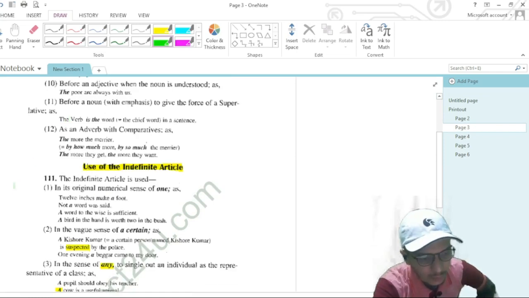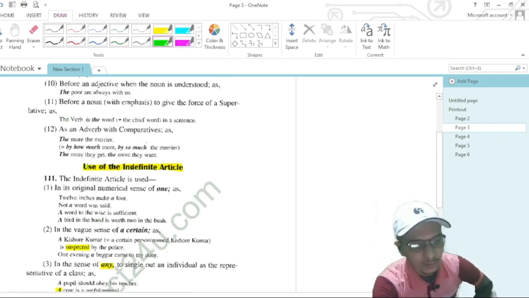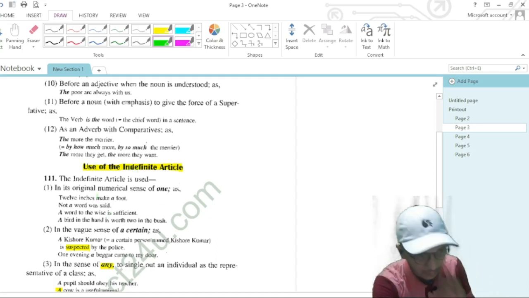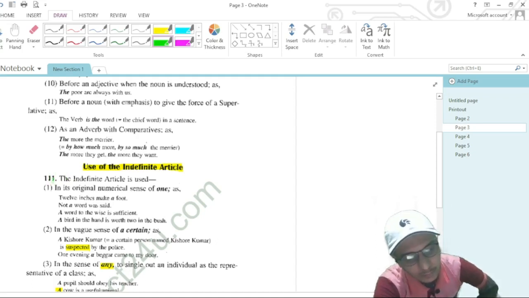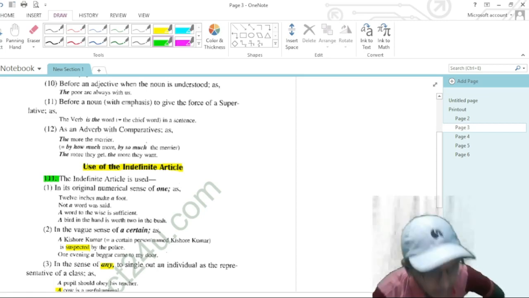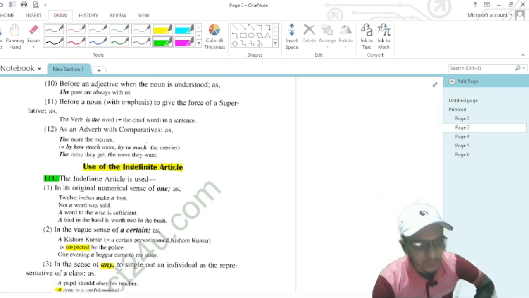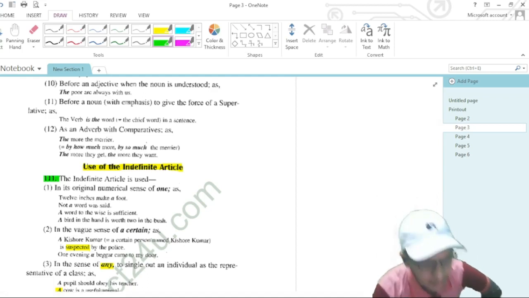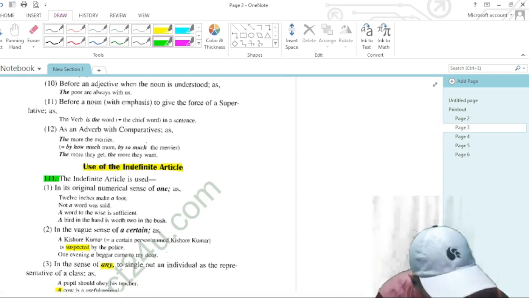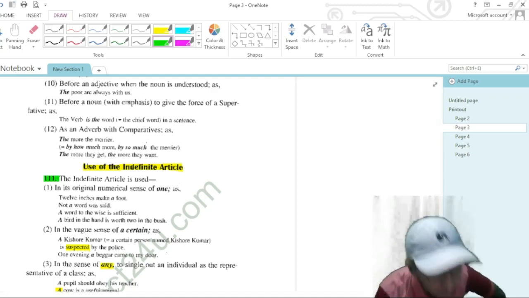So now we will begin with the use of the indefinite article. The first point is that the indefinite article is used in its original numerical sense of one, as "Twelve inches make a foot.